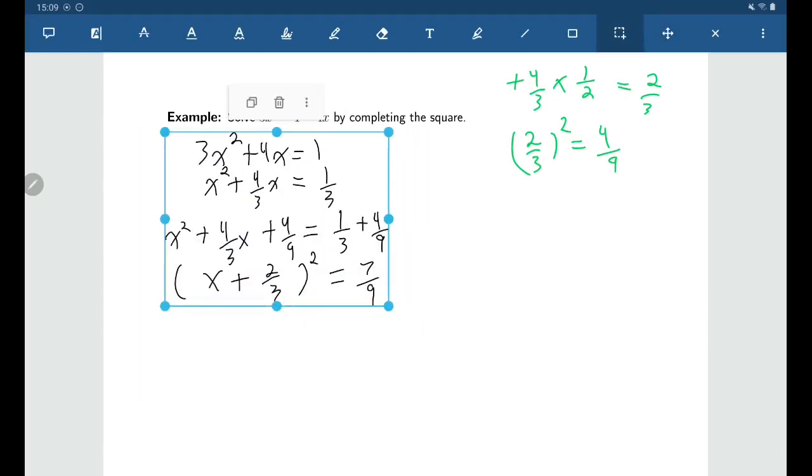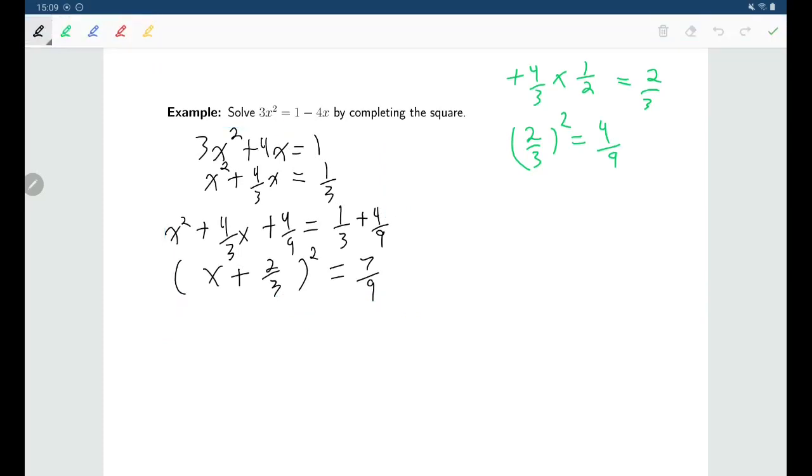So now I've got things written as one perfect square equal to 7/9, and using my square root property, I have x plus 2/3 should be then equal to plus or minus the square root of 7/9.